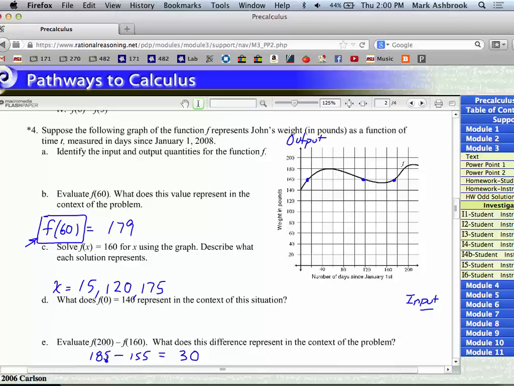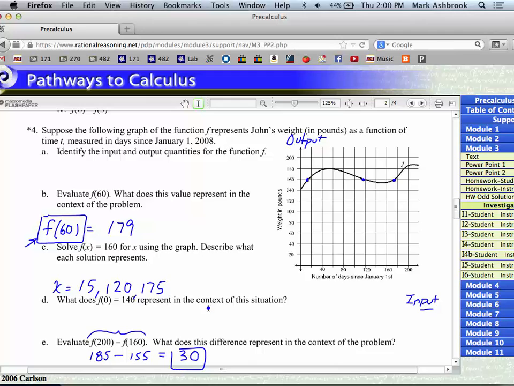Okay, let's skip down to this one. So I calculated f of 200. Estimated from the graph, f of 200 was 185, f of 160 was 155, and I made this calculation. I got this number 30, and that 30 is that expression right there. What does it mean, that expression? Jonathan? Change. Okay, be more specific. Change of what?